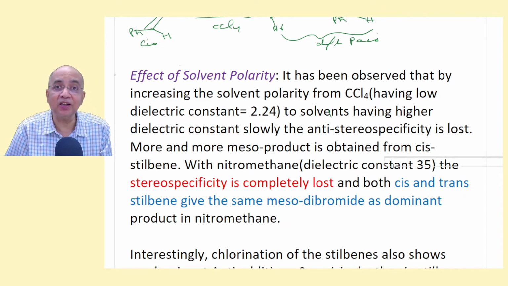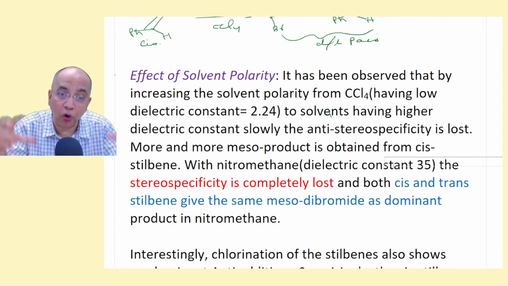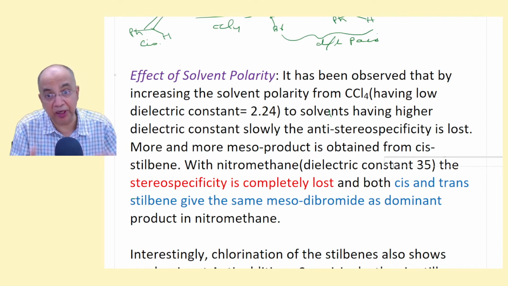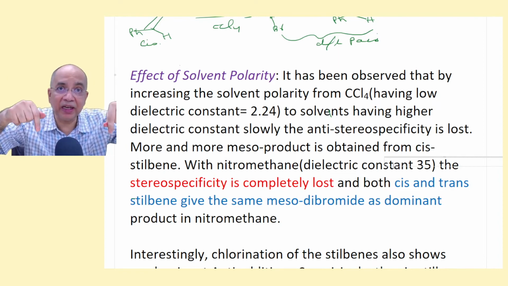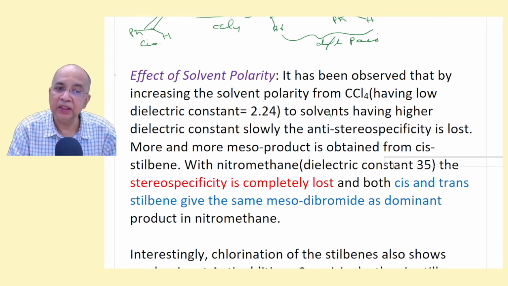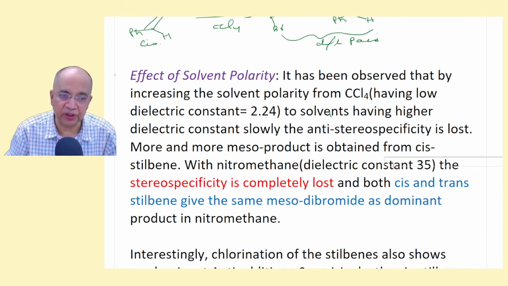Both cis and trans were found to give the only product that is meso. That's the beauty. Interesting part, maybe cis goes via syn mechanism, trans goes via anti mechanism. So whatever it may be, the stereospecificity is completely lost in such a highly non-nucleophilic polar solvent like nitromethane.